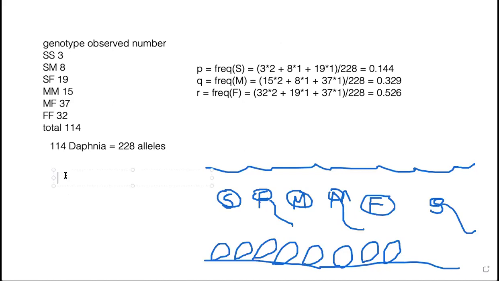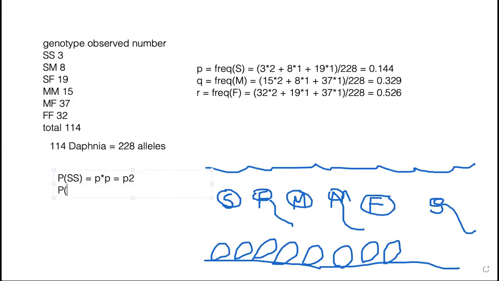Okay, the probability of you picking out an egg that has the S allele and a sperm that has the S allele is equal to the probability of you picking out an S egg, which is P, times the probability of you reaching in and picking out an S sperm, which is also P. So that's going to be P squared.